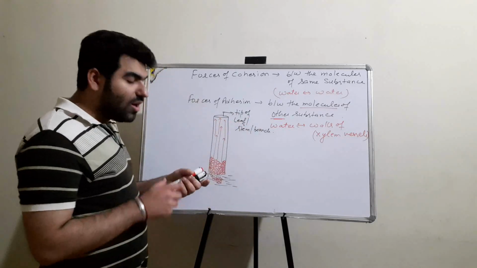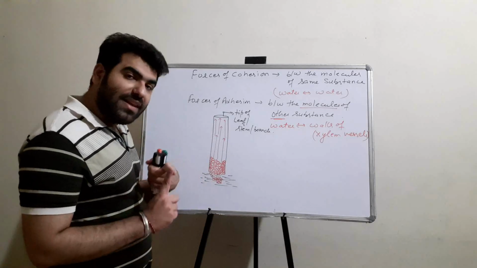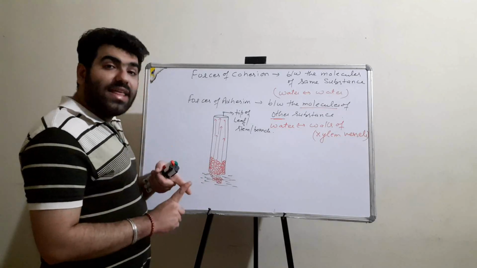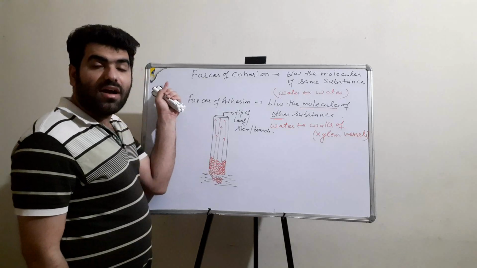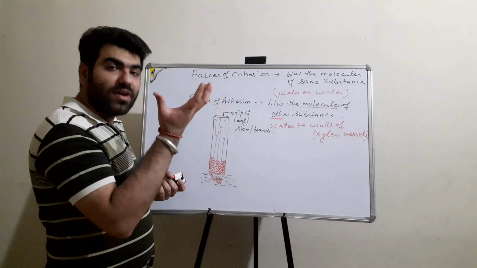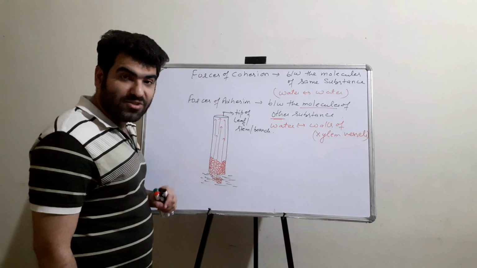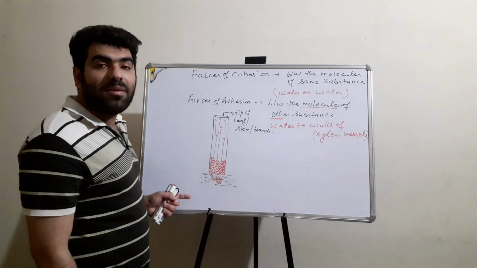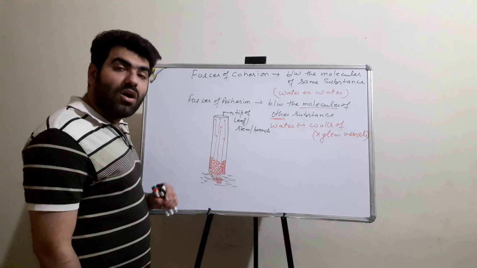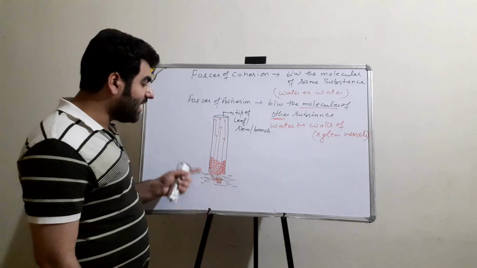So this was all about the ascent of sap. In the ascent of sap, first there is capillary action up to certain heights, then root pressure helps the capillary action move further upwards, and then there is the force of suction due to transpiration. That is why it is named the transpirational pull or transpirational force, and also the suction force, because suction is being created.